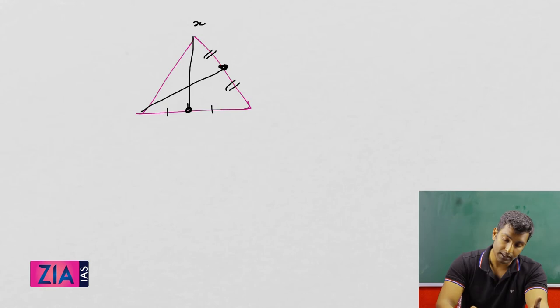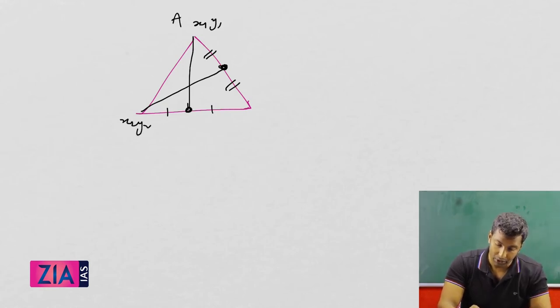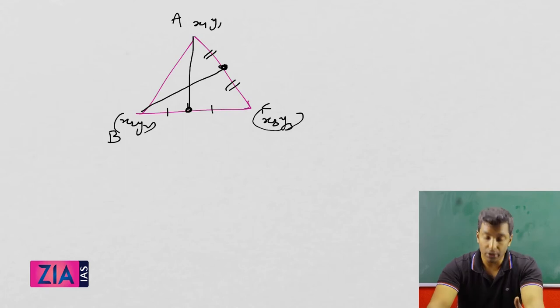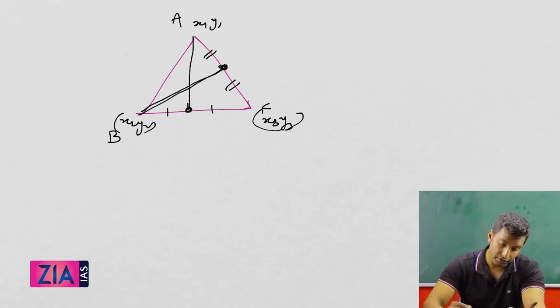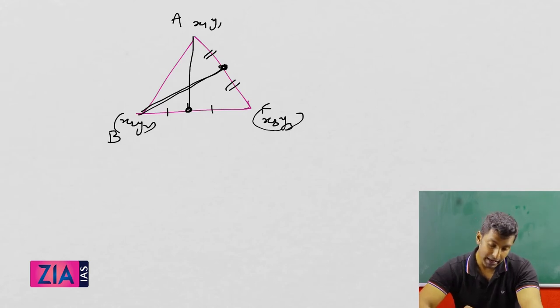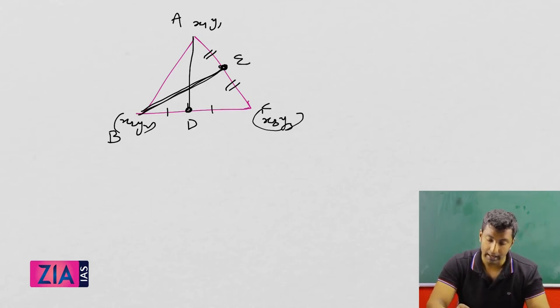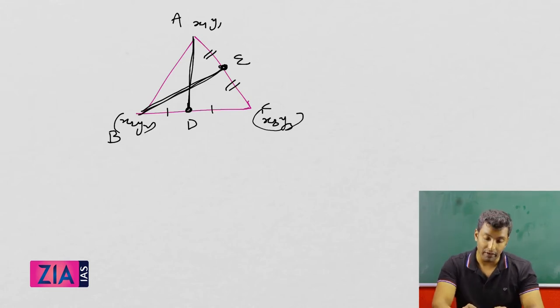Let's suppose this is x1, y1, this is A, and this is x2, y2, this is B, and this is C, which is x3, y3. If I talk about a median dropped from the vertex A, let me write the foot as D. So this AD median is dividing BC equally.